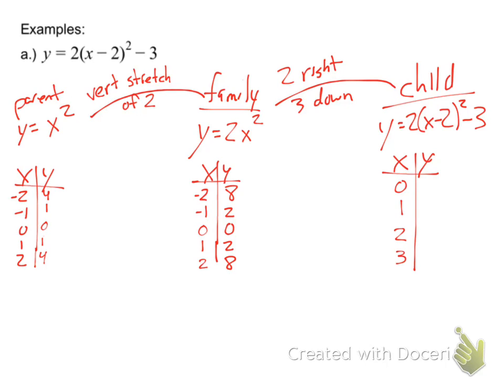And 3 and 4. I added 2 to all of my x's. What am I going to do to my y's then if I go 3 down? Subtract 3. So now I'm at 5, 2 minus 3 is negative 1, negative 3, negative 1, 5.